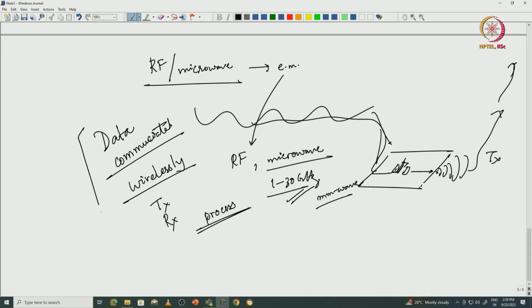So data communication is booming, and by data communication we predominantly mean wireless data communication, say 5G, 6G, etc., even otherwise, Wi-Fi. Because of this huge boom, RF and microwave electronics are seeing an unprecedented expansion in application. The system designers have more and more stringent requirements now.